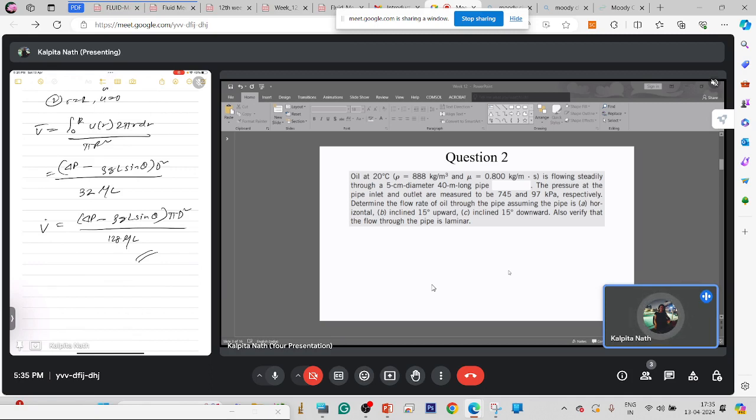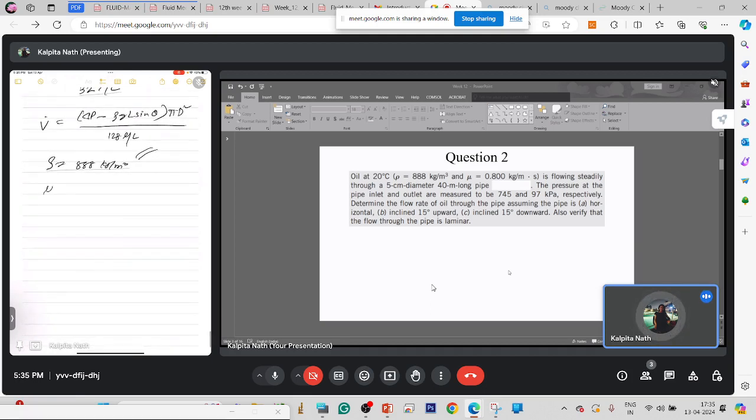So what is given? Density is given as 888 kg per meter cube. Viscosity is given as 0.800 kg per meter second. Delta P is 745 minus 97, which equals 648 kilopascal.